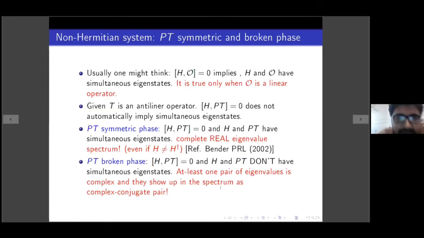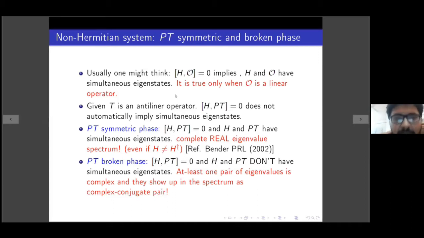What I realized is that there is something we don't appreciate that much when we learn quantum mechanics. When some operator O commutes with the Hamiltonian H, we usually say that H and O both have simultaneous eigenstates. But that is true only when O is a linear operator.